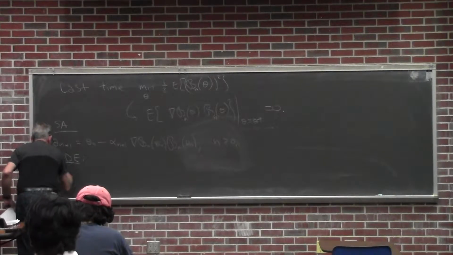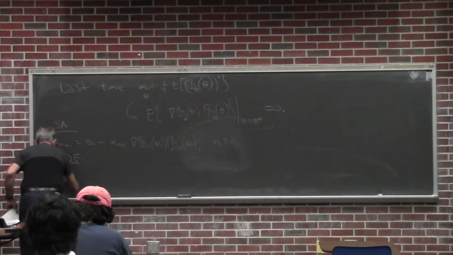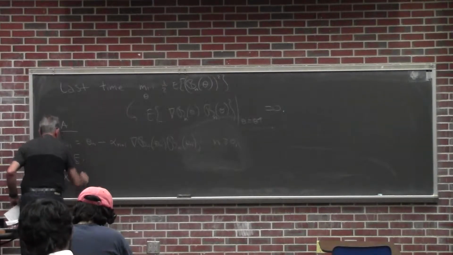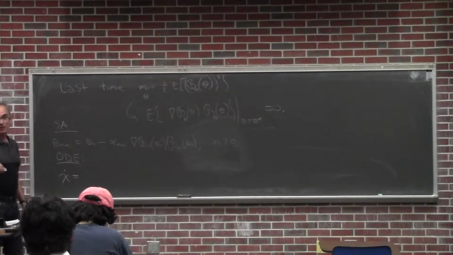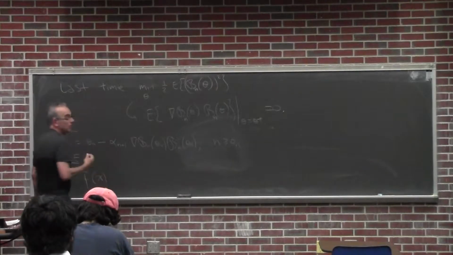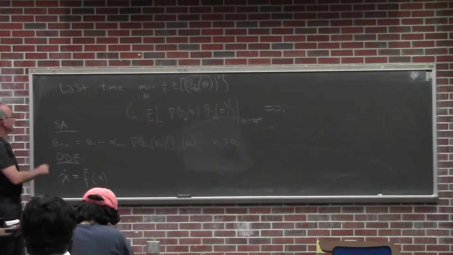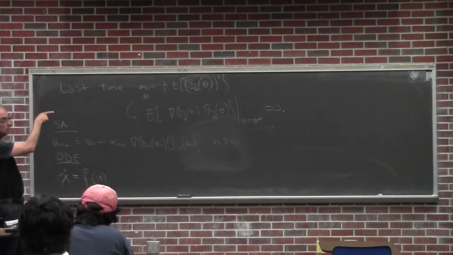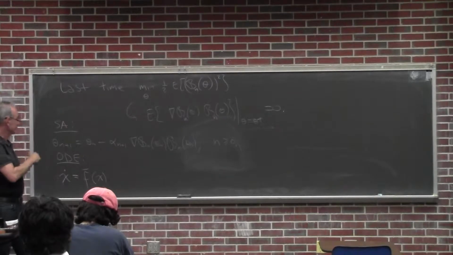is like theta dot, well, I'll use x just to make it clearly different. x dot equals f bar of x. And x is not great either, but there are only so many symbols. It's equal to that, which would be a negative gradient, as you say.